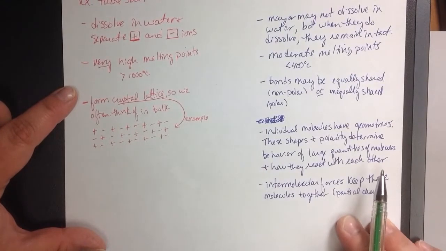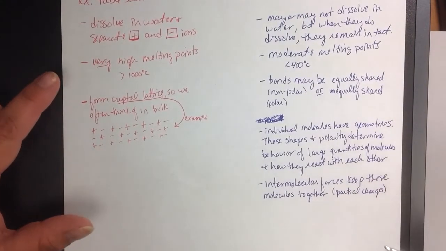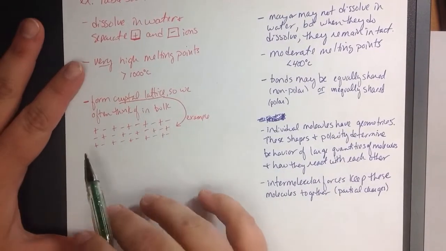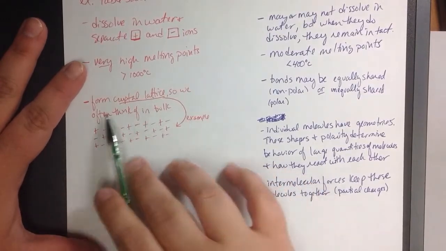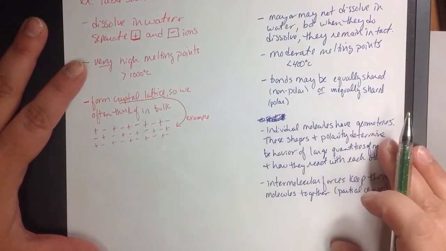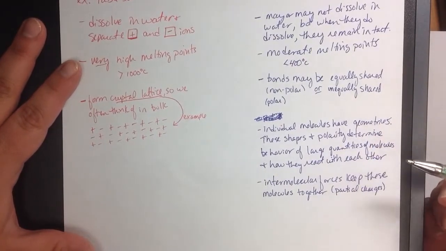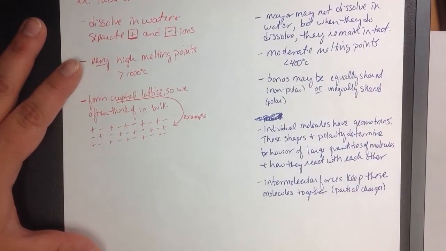But we don't really have that necessarily with covalent compounds. They can certainly stack, and they'll stack in a certain way. But this is sort of what things look like in bulk solid here. We have to consider with covalent compounds what things look like in 3 dimensions.